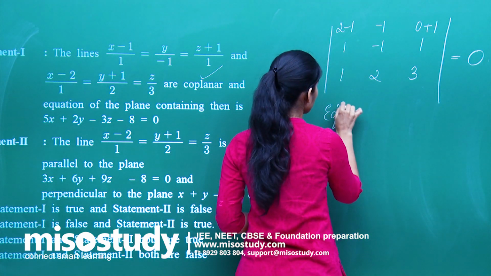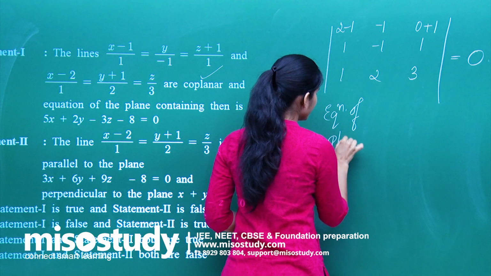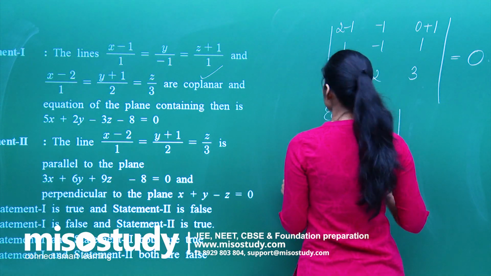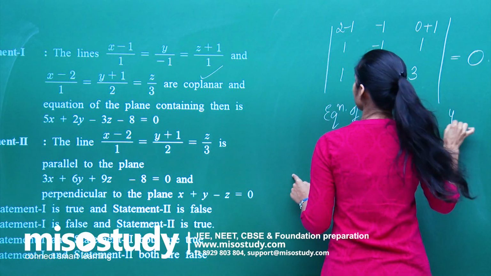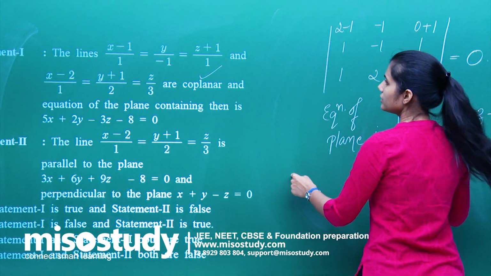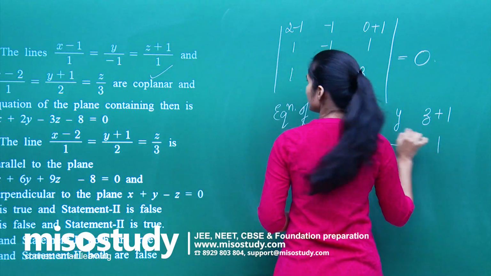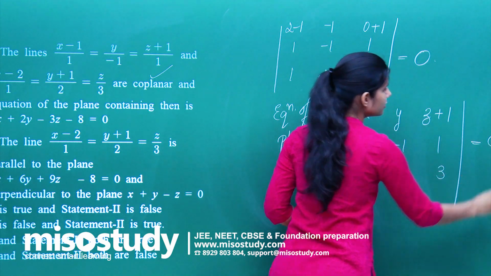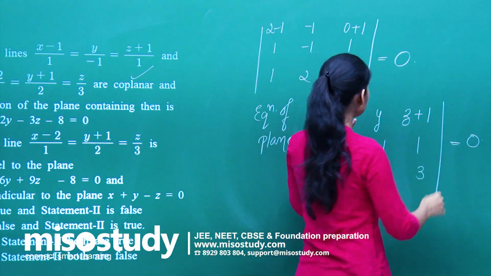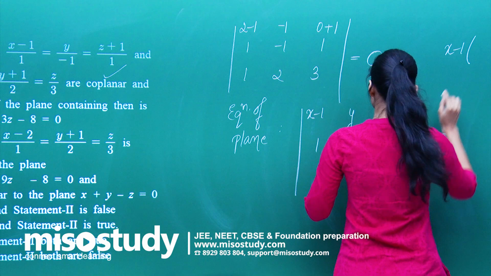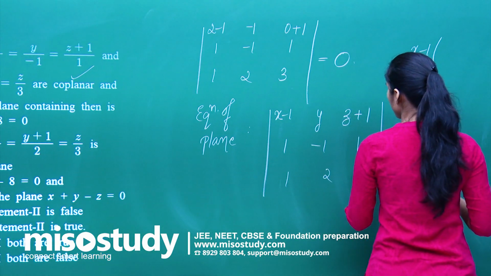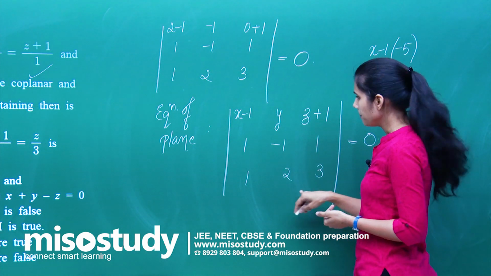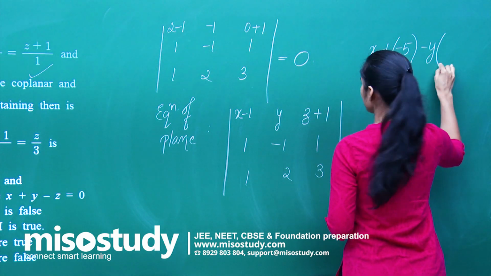Equation of the plane becomes what? Equation of the plane containing the two coplanar lines is what? It is x minus 1, y, z plus 1, 1 minus 1, 1, and 1, 2, 3. Right? So what you get is x minus 1, and then you have minus 3, minus 2, then you have minus y.